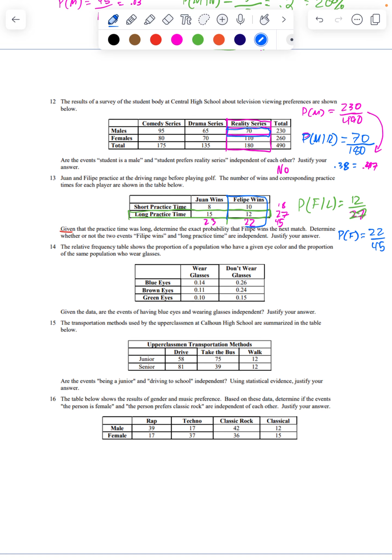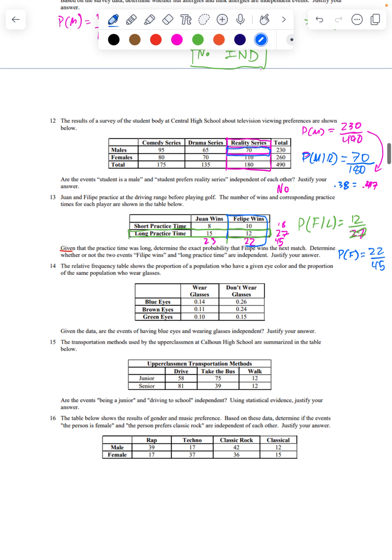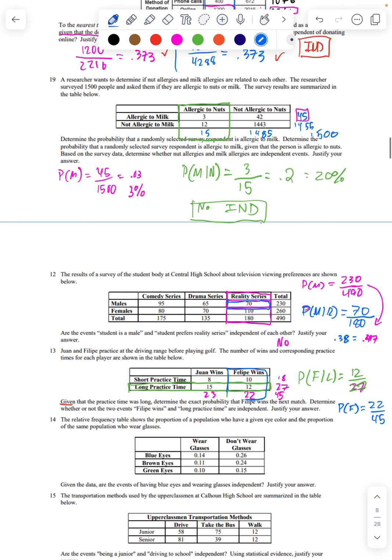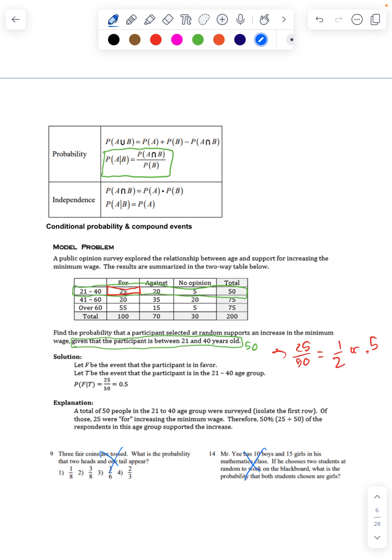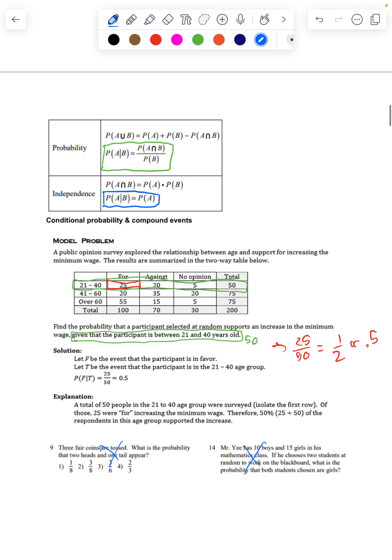Now again, they're asking you to look at the formula. You could do a lot of work here. I'm going to go back to the formulas. Which formula is it asking you to look at? It's asking you to look at this formula right here. P of A given B is equal to P of A.